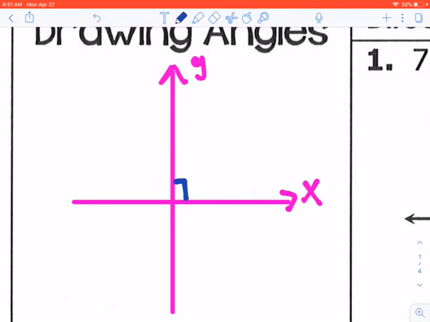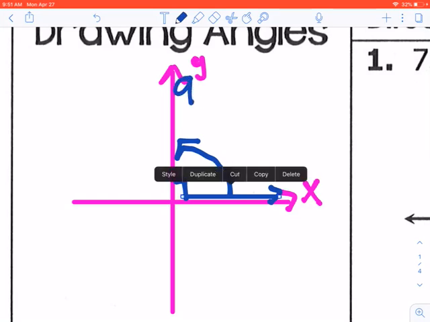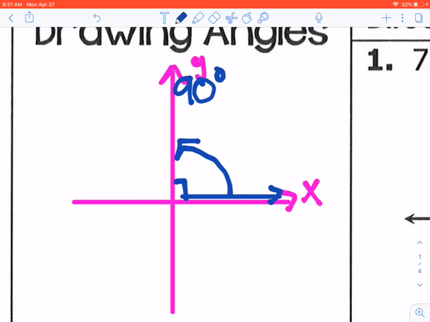If I were to have an angle go from my x-axis, because we always start here, and then go up to the y-axis, that's going to be 90 degrees. If I go to the next one, it's going to be another 90 degrees. So if I continue my angle and keep going, this is going to be 180 degrees.